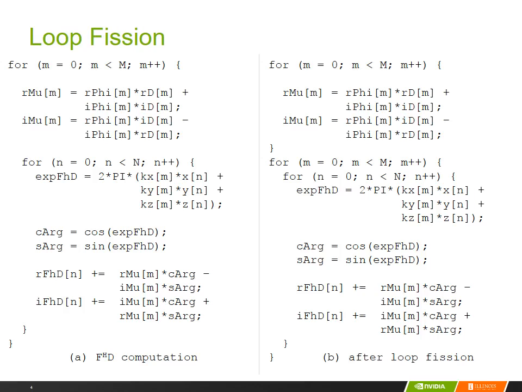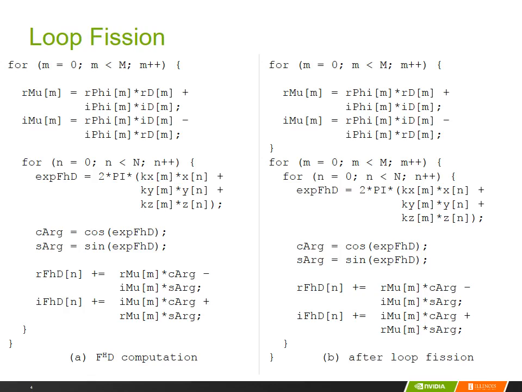So we can perform a loop transformation called loop fission to create a perfectly nested loop, and this is what we show on the right-hand side. We take those two statements of the outer loop and create a loop of their own. Then we take the rest of the outer loop body, which is the inner for loop, and create a nested loop within the second loop.